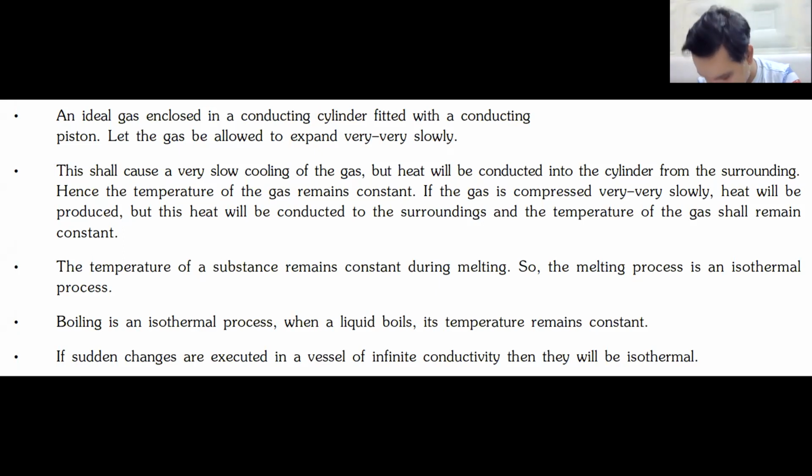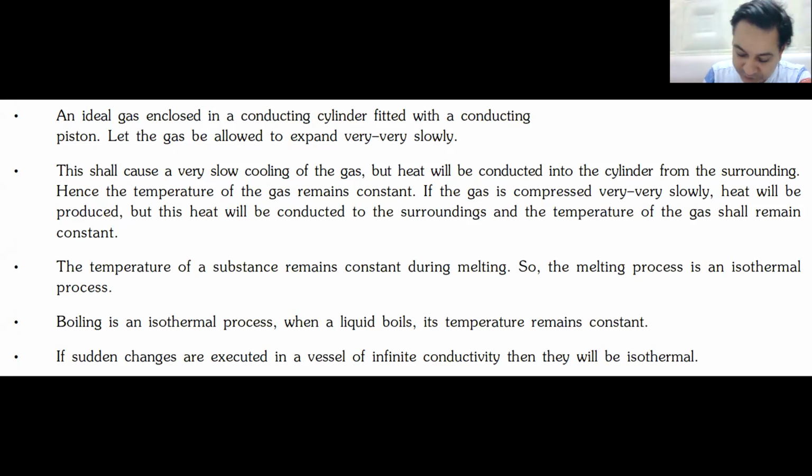If it takes place extremely slowly, then you will have enough time for heat to go in or come out, so that the temperature of the system remains constant. An ideal isothermal process must take place in a cylinder whose walls are perfectly conducting.